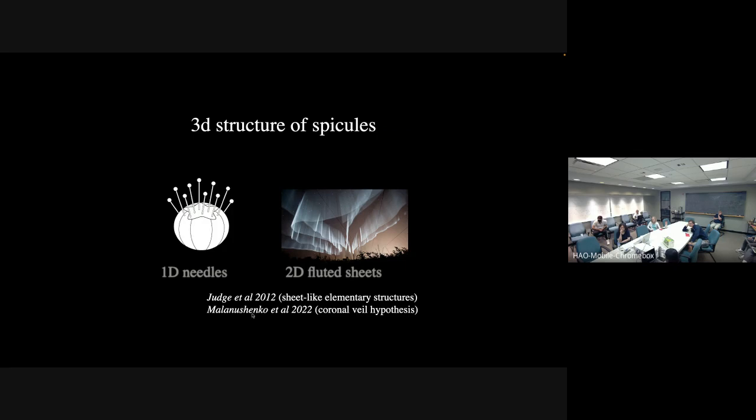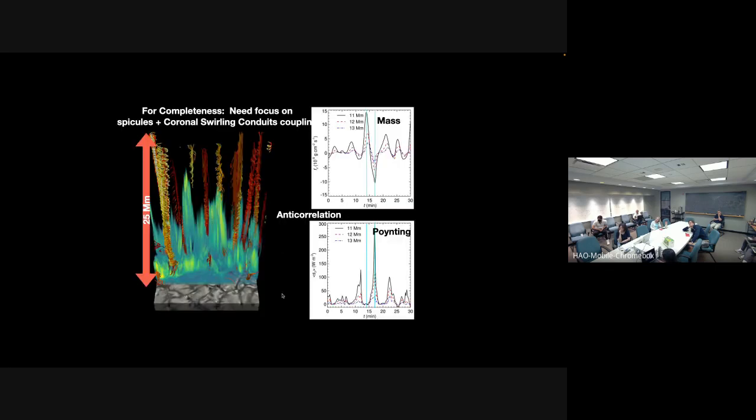And then there was also another work by Anna and Matthias, which is not about spicules, but about the fact that the coronal loops could also be explained through what is known as the coronal veil hypothesis. So here, using these 3D simulations, our conjecture is that maybe spicules are also more like 2D fluted sheets rather than 1D conical needles.